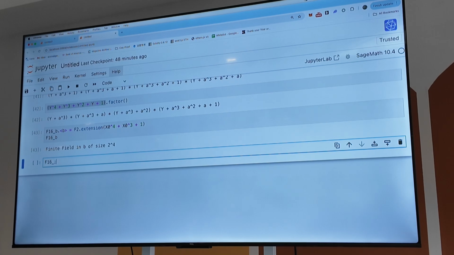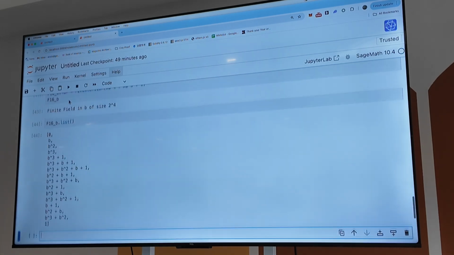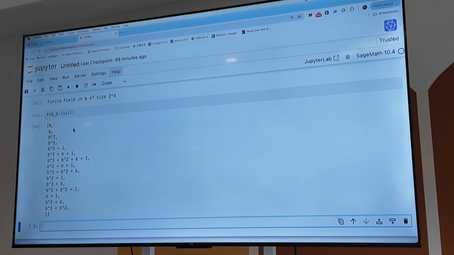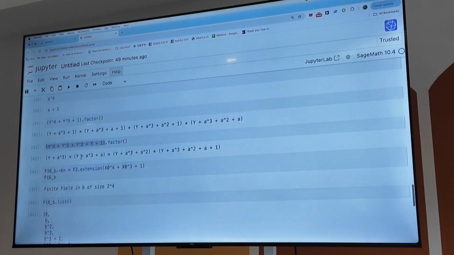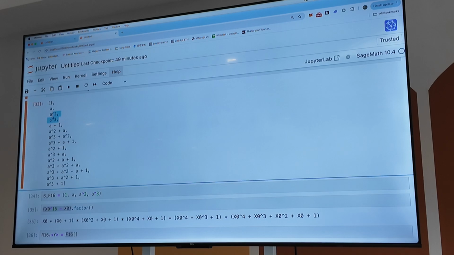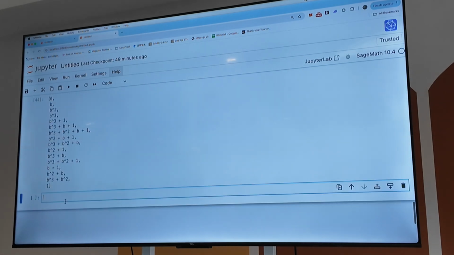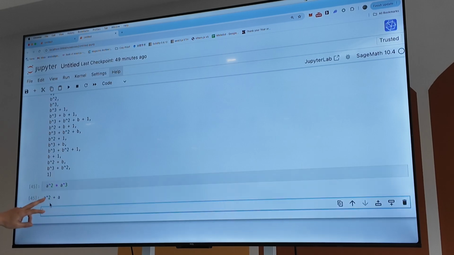Let me list the elements here. Why say that? The two fields are not equal to each other because they have different multiplication rules. For example, we multiply 2 elements here, say a squared times a cubed, then we have a squared plus a, right?